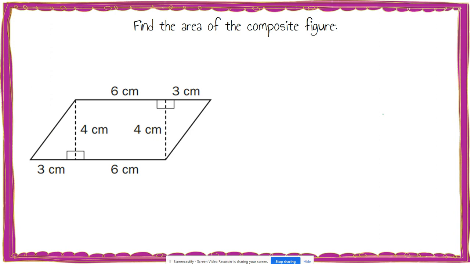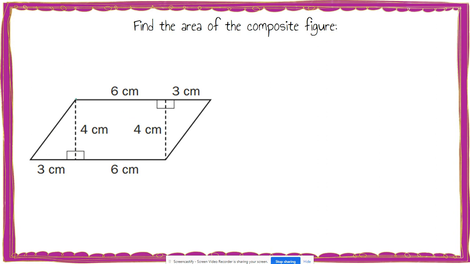For this final figure, you can see that it's already broken into pieces for you, but we just need to find the area. Now, when you look at this one, you will notice that there are actually 3 figures here instead of just 2. I'm going to use what I know about rectangles and triangles to solve this. So I'm going to start with my rectangle.